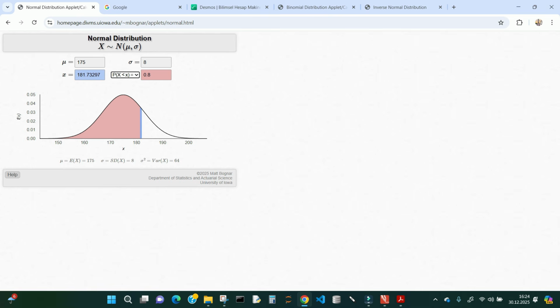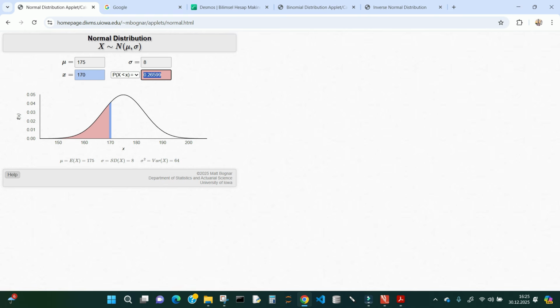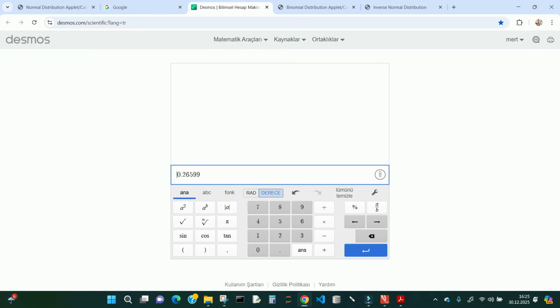First one, which is less than 170, it is this number. I'm gonna copy this, and then less than 185, and I copy this number. So I will subtract from the greater one the small one.